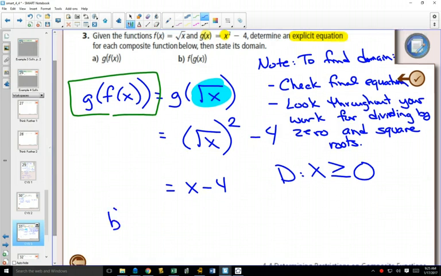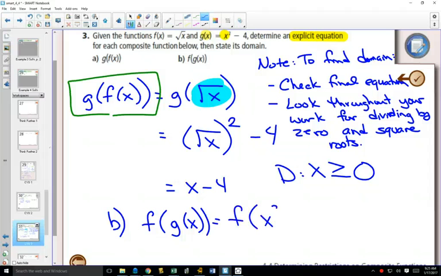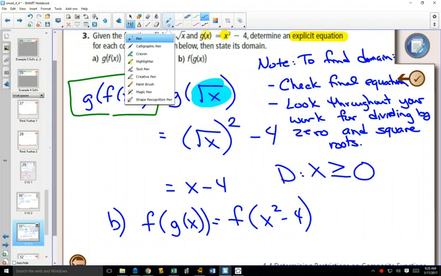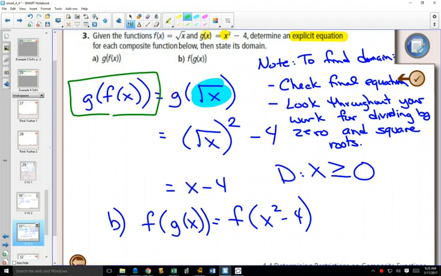For part B, now we want to do f of g of x. g of x is x squared minus 4. And the function f says whatever you plug into f, take the square root of that.